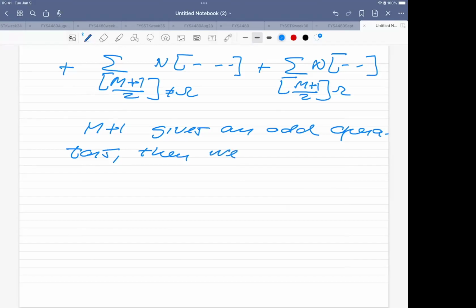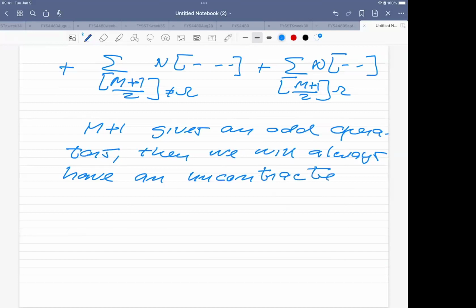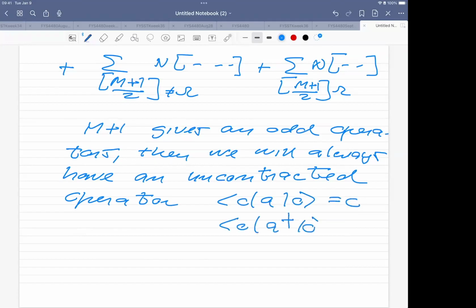Then we will always have an uncontracted operator. And that is always going to give us 0. So what we are going to have then is something like this, which is 0, or something like this, which is also equal to 0. When we have an odd number of operators.